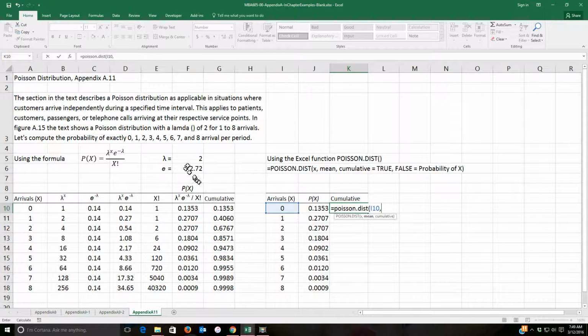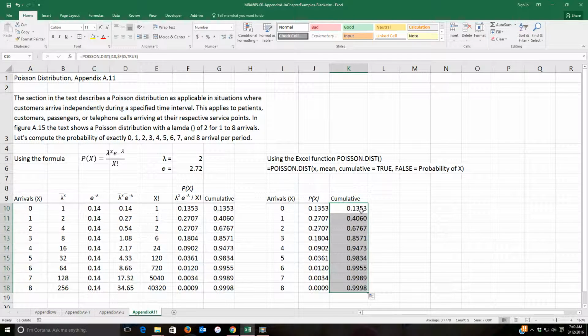We get our mean value, our lambda, which we have to set to absolute. And this time, we answer true to the cumulative question, and that gives us the cumulative total, so up to and including that value of x. And if we copy that down, you'll notice that each of these values equal the values that we calculated here.